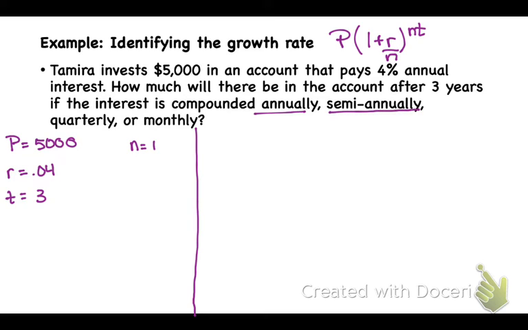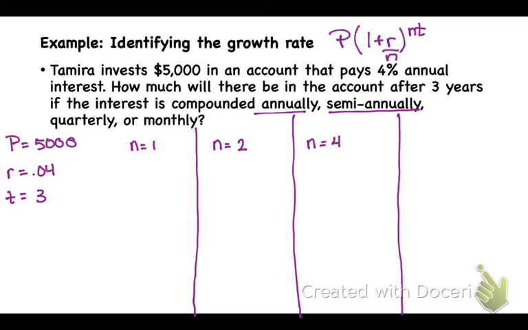Semi-annually my N is 2. Semi-annually just means twice a year. Quarterly, 4. 4 quarters, right? Monthly, N is 12. So we're going to do the equation how many times?